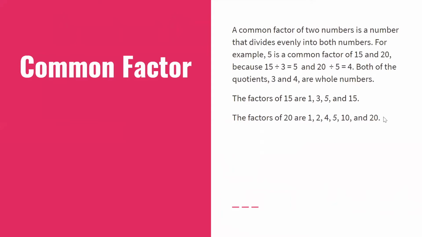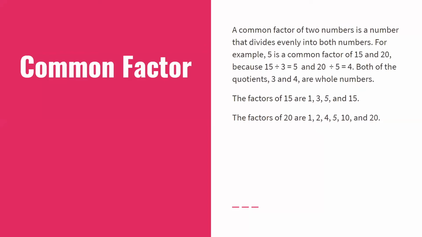Your factors of 20 are 1 times 20, 2 times 10, and 4 times 5. And when you look at this list, you'll see that they have 1 in common. All whole numbers will always have 1 as a factor, and 5 in common. So that means 5 is a common factor of both 15 and 20.